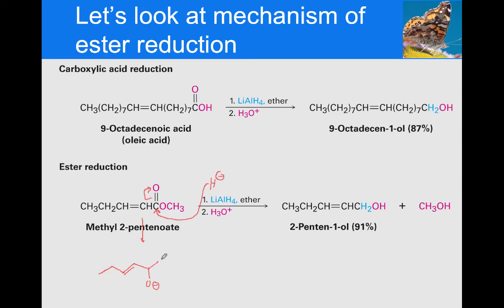I still have this OCH3 here, and this is where things get a little interesting. I'm going to put a square around the hydrogen that I added. This methoxy group, remember, methyl to methoxy, will end up leaving, and that leaving is helped by this O minus kicking down. This looks a lot like the activating ability of an oxygen on an aromatic ring. So this oxygen will kick down, kick out the methoxy group, and that gives you an aldehyde here.